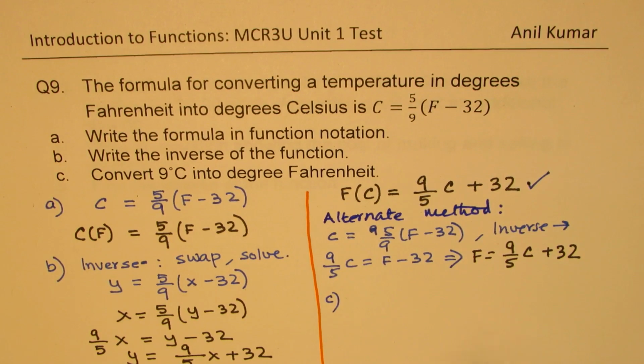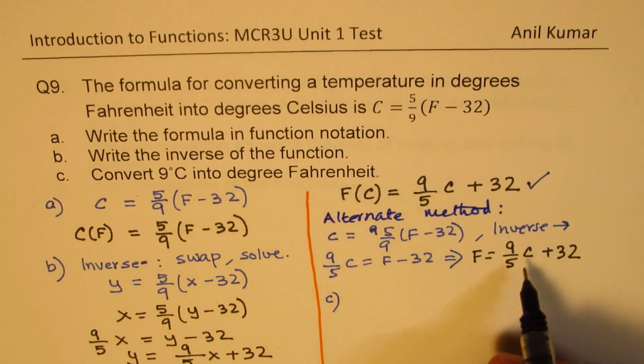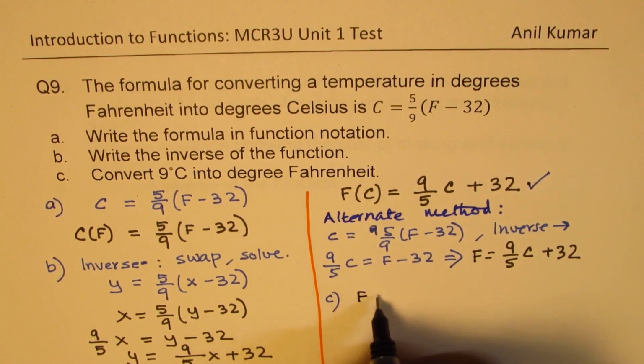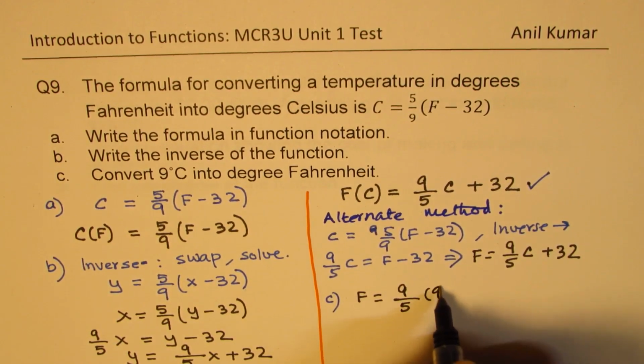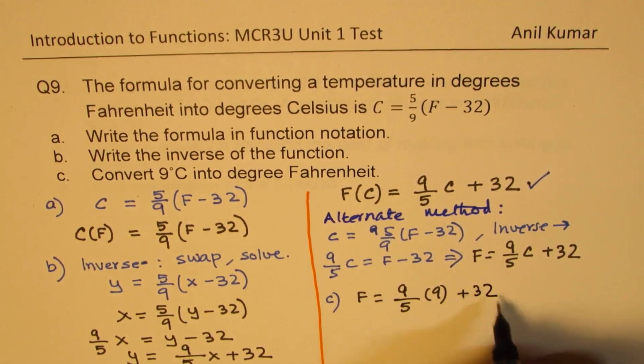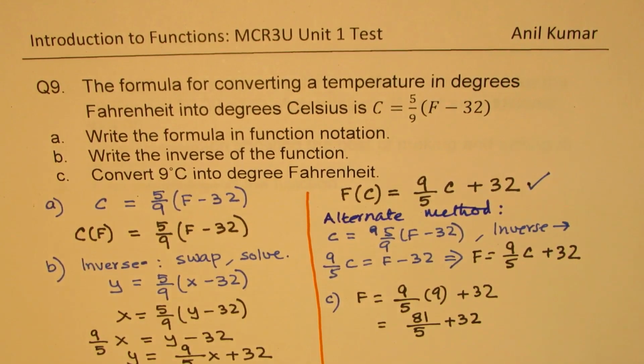So let's do part C now, which is convert 9 degrees Celsius into Fahrenheit. So we'll just replace this with 9, right? So F equals 9 over 5 times 9 plus 32, right? Which is 81 over 5 plus 32. Okay? You can use a calculator to calculate this.